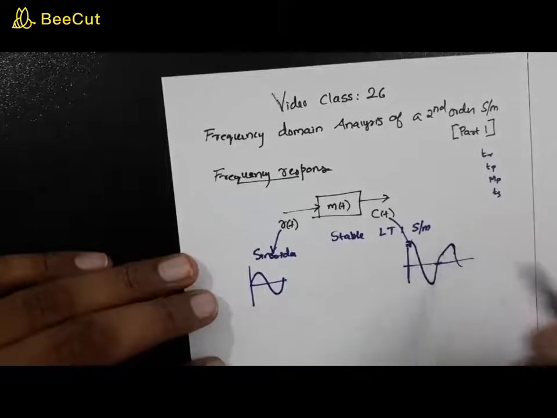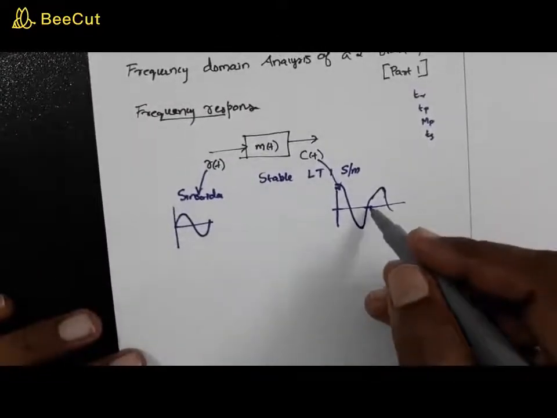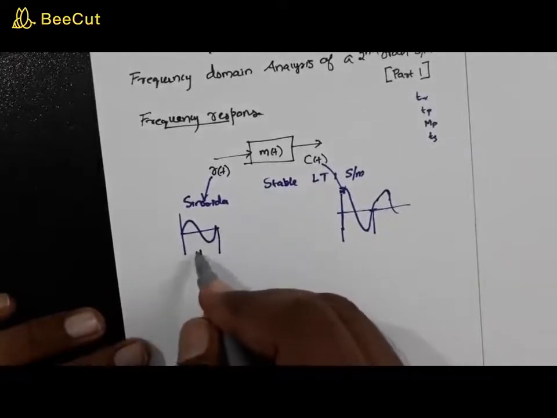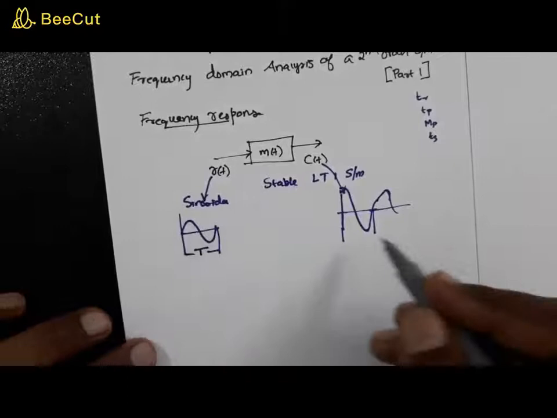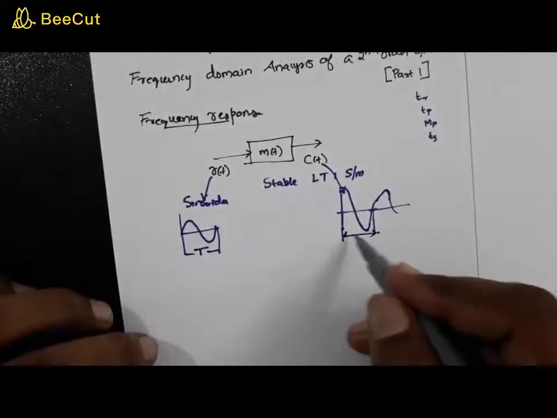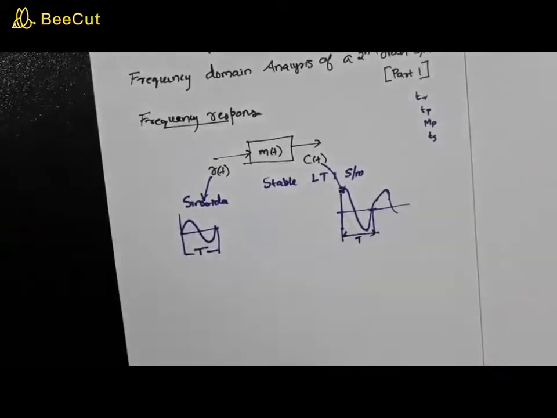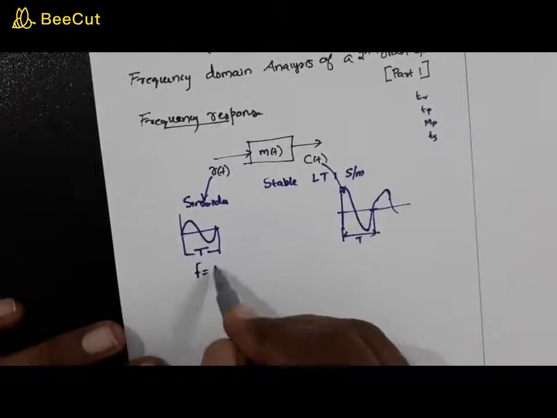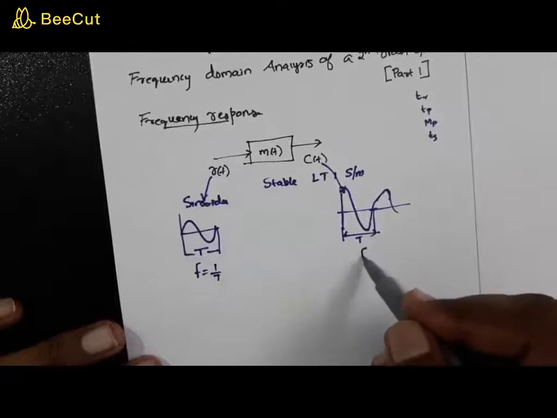So you may be getting a signal like this. But what you can notice is, if it is a linear system, the time period is the same in both the cases. Time period the same means frequency, which is 1 by T, will be the same.